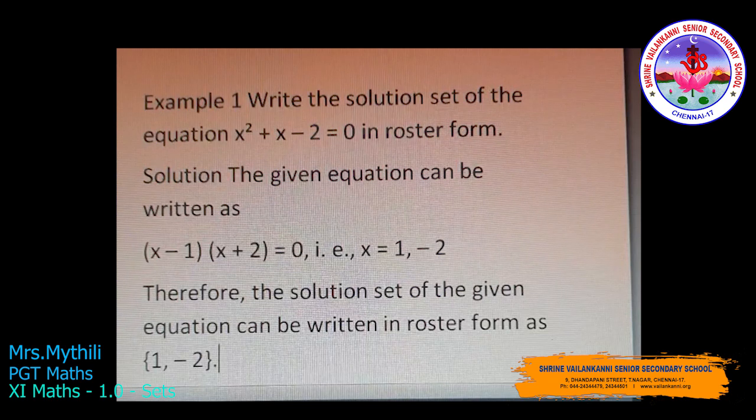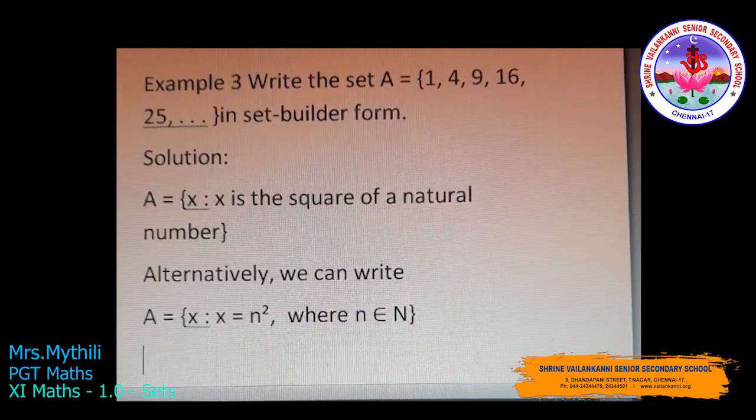Let's see another example of writing in set builder form. Example 3. Write the set A equal to 1, 4, 9, 16, 25, etc. in set builder form. We can represent this set with any variable, such as x, y, z.